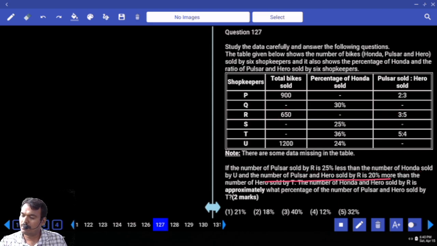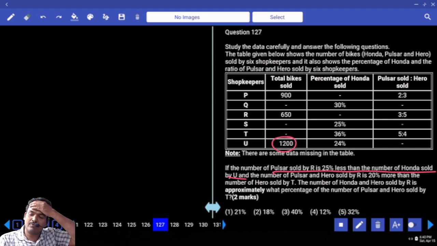Pulsar and Hero sold by R is 20% more than the Hero sold by T. Any other clue? Pulsar sold by R is 25% less than the Honda sold by U.